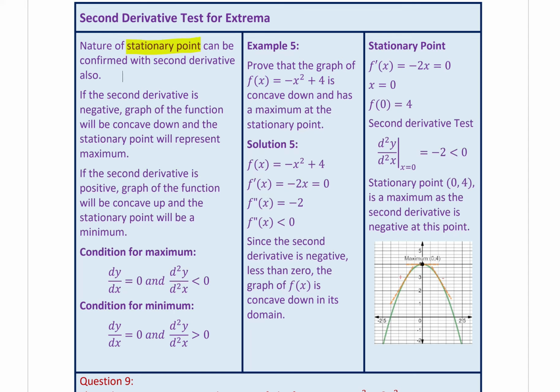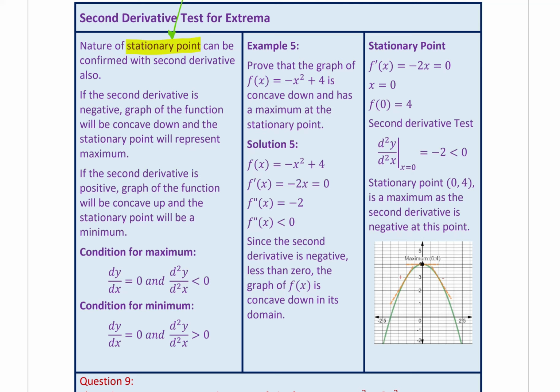So you know what a stationary point is? A stationary point is a point where the first derivative is 0, right? So if f dash x equals 0, that is called a stationary point. Clear? Okay. So we decide the nature of a stationary point by the first derivative normally, right?